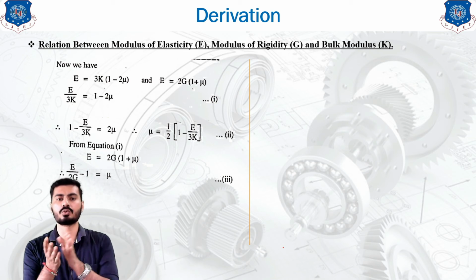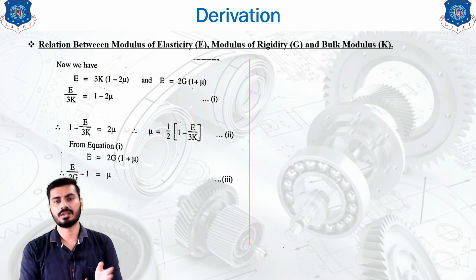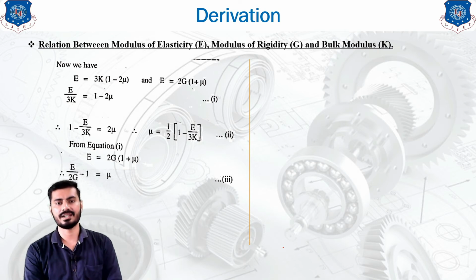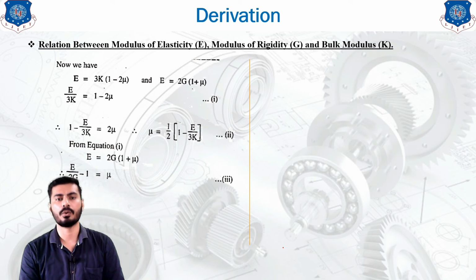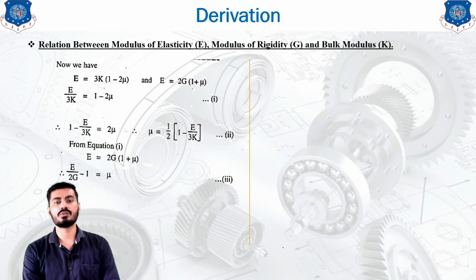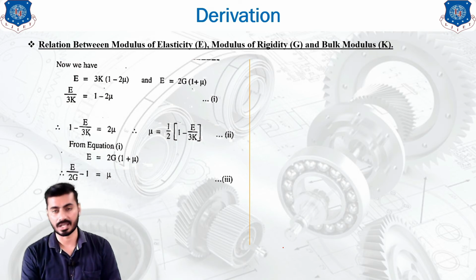If you put the 2 mu on the front side, then 2 mu will be positive and 1 minus E upon 3K will be equal to 2 mu. Now, to find mu as the subject, our answer will be 1 by 2 into (1 minus E upon 3K). So this is our answer for mu.